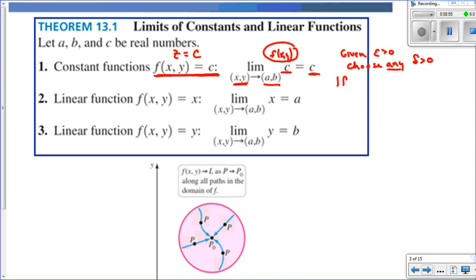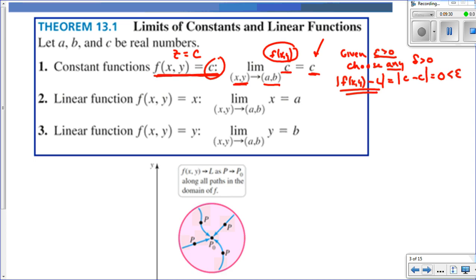And if we look at the absolute value of f of x, y minus L, now f of x, y is just the function c, and our limit we're contending is c, so that's 0. But epsilon was any positive number, so that's always less than epsilon. So it didn't matter what delta we chose, the absolute value of f of x, y minus L will be less than epsilon. So that proves that c is the limit of that function.